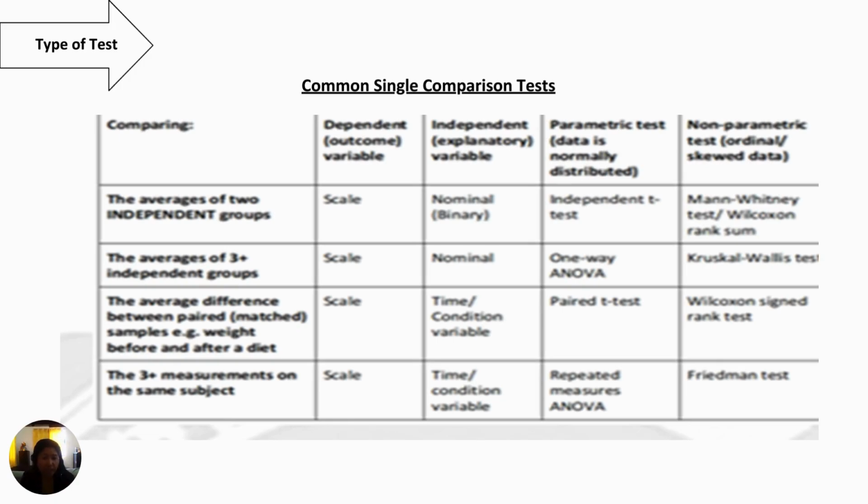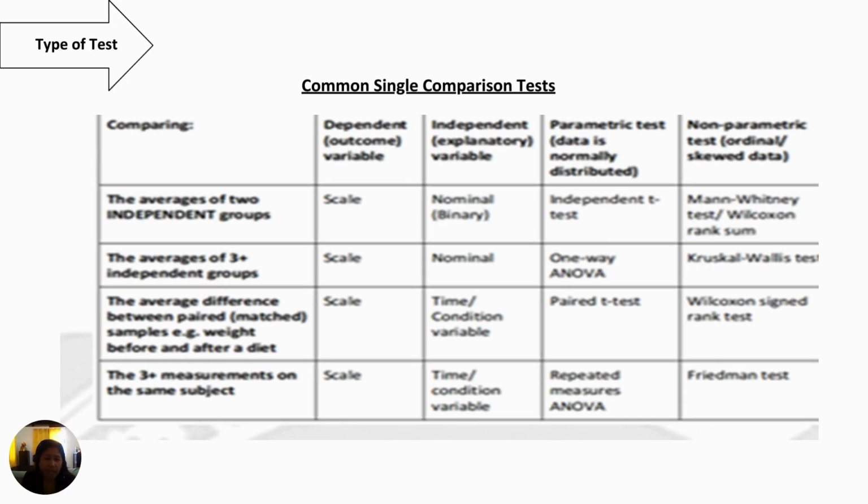The gender. Okay? Explanatory is the gender. So in this case, it's nominal, no? And it's binary because there are just two groups. Okay? Just two groups.